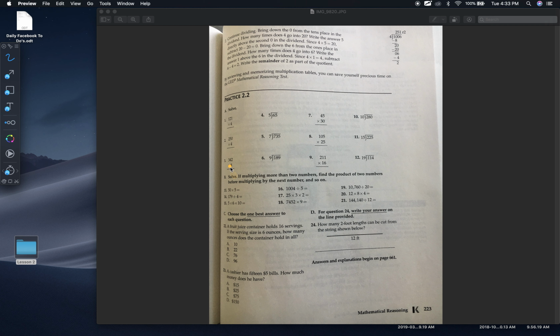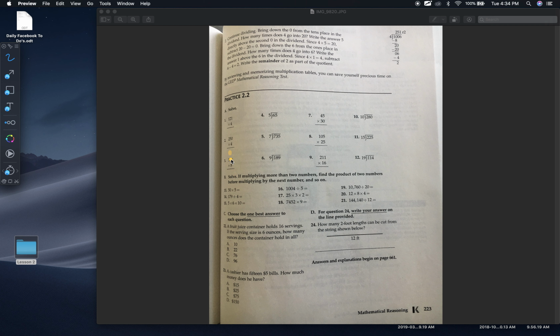8 times 4 is, let's see, 2 times 8 is 16. Actually, sorry guys, we had carried one number over here, from the 2, because the 2 times 8 was 16, so we put 6 here, and we put the 1 up here.